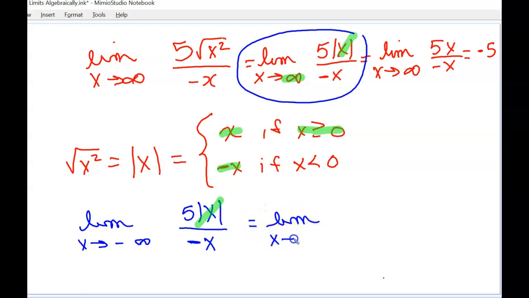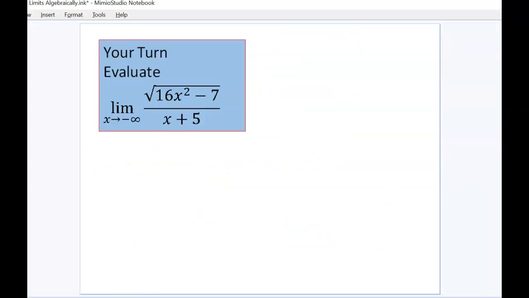So this is going to be the limit as x approaches negative infinity of 5 times negative x over negative x. And now those would cancel, and now my limit would be 5. So this means as the graph goes further and further to the left, the graph is approaching 5. So I actually have 2 different horizontal asymptotes, one going to the right and one going to the left.